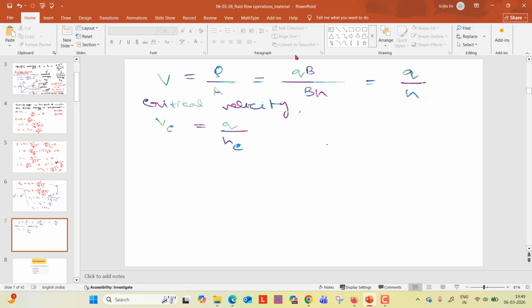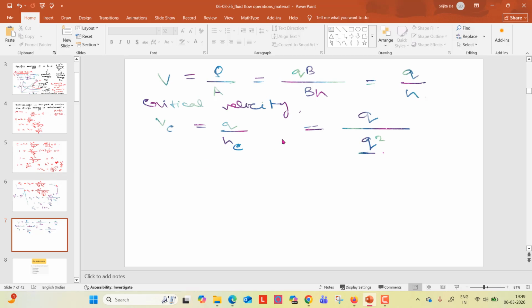So we now have the expression of Hc, right? So it is Q by, like, what was the expression? Q square by G to the power 1/3.